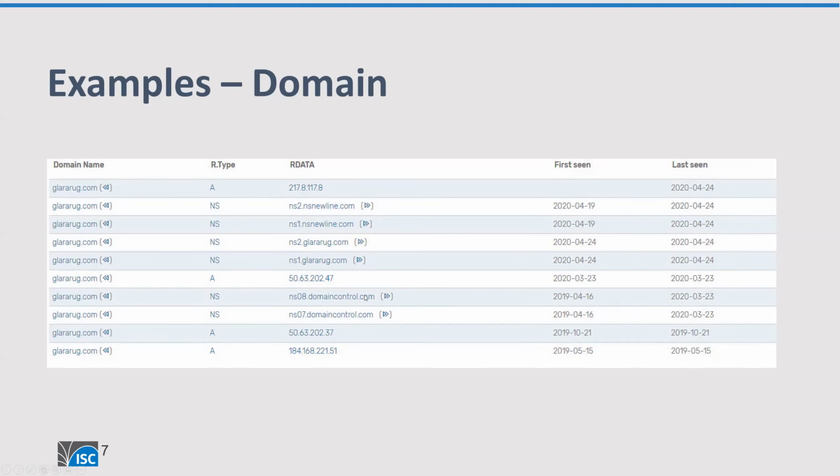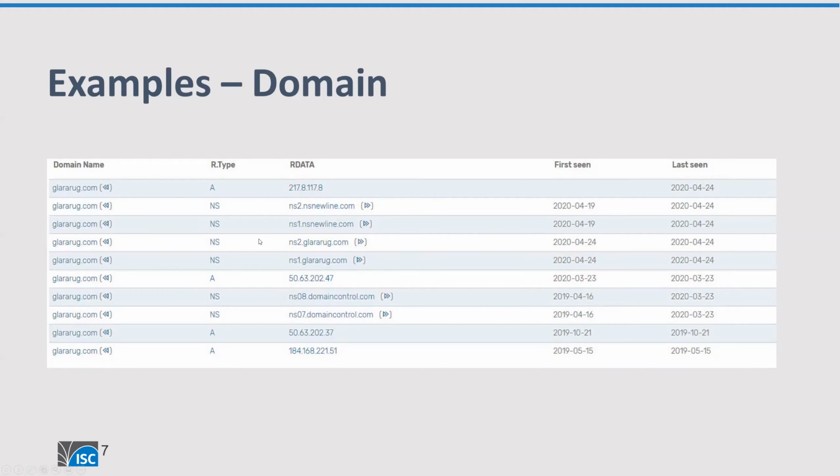And then we come up here and we see that there are these new NS records that have been added. So this one, nsnewline.com, is the actual NS record that this domain is pointing to. And both of these NS records are pointing to Russian infrastructure.